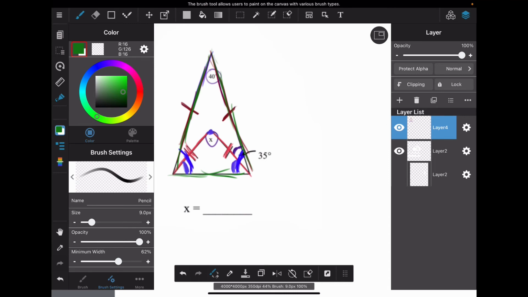So we know that 40 is the measure of this top angle here, and we know that this angle here is congruent to this angle here. We also know that the measures of all the angles in the triangle equal 180. So we know that 180 equals 40 plus this big angle plus this angle.